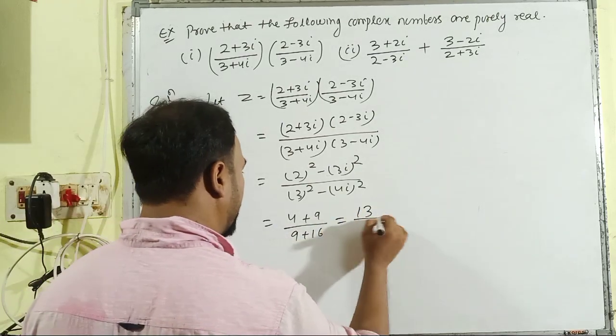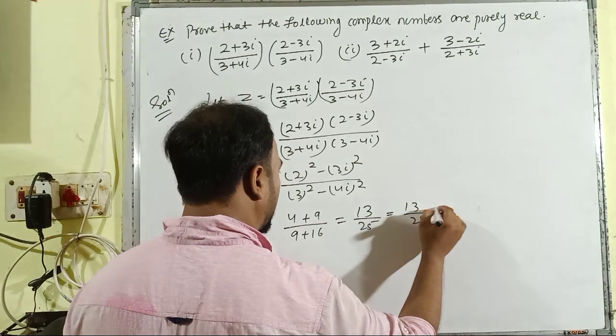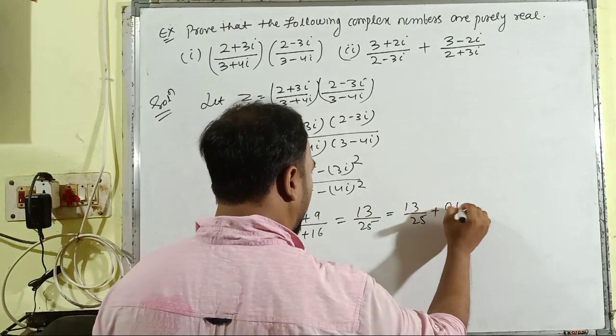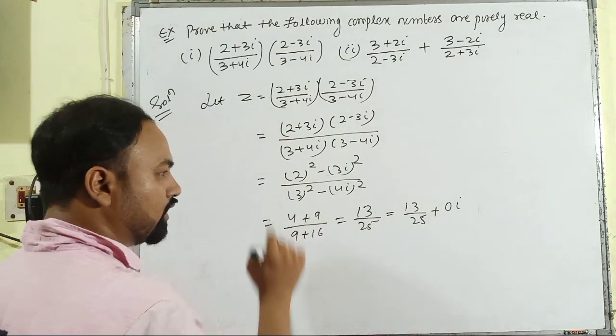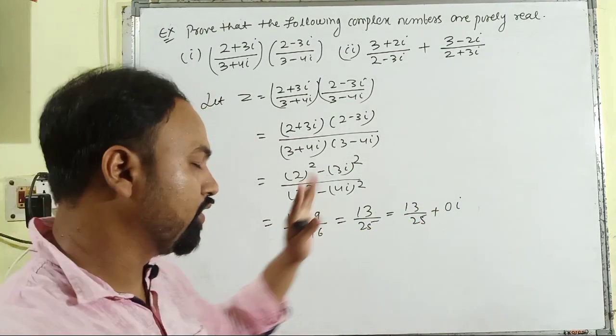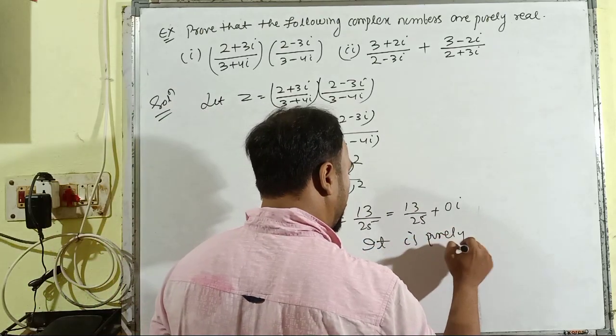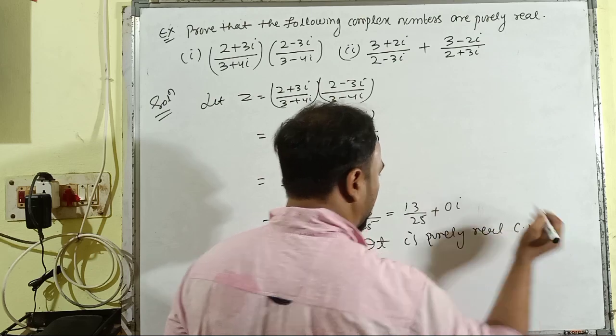So it will be 13 divided by 25. And 13 divided by 25 can be expressed in the form 13/25 plus 0i. You can see that the imaginary part is equal to 0, so it is purely real. It is a purely real complex number.